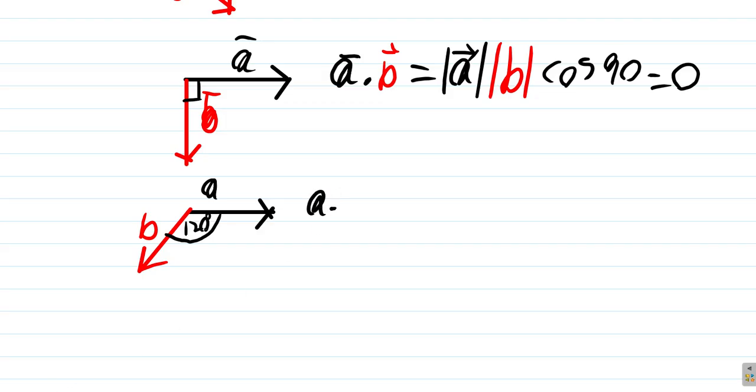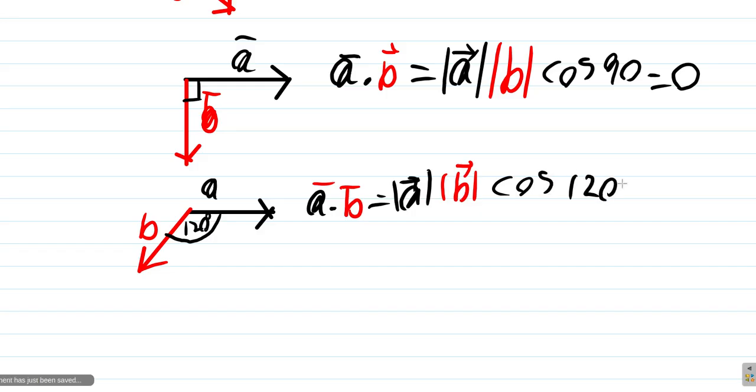Then A dot B would be equal to the magnitude of A times the magnitude of B times the cosine of 120 degrees.